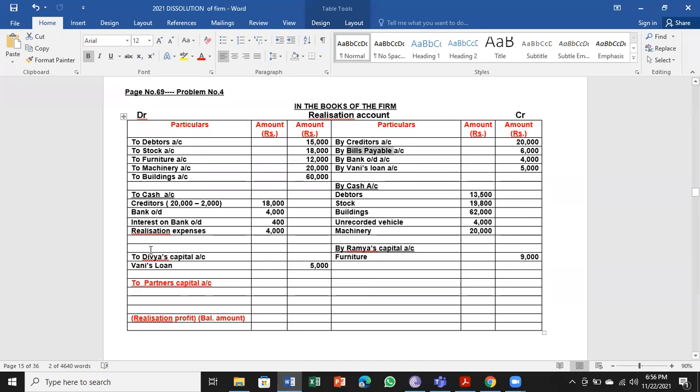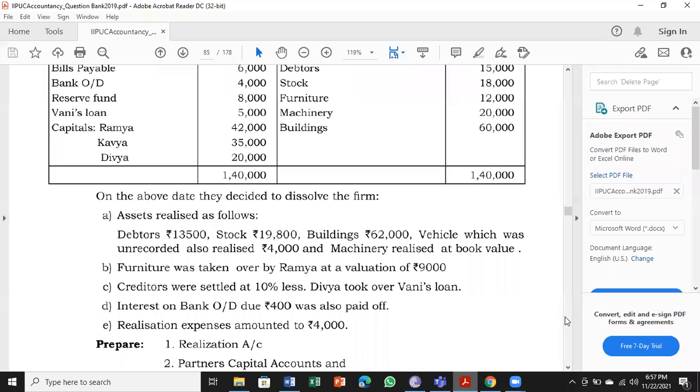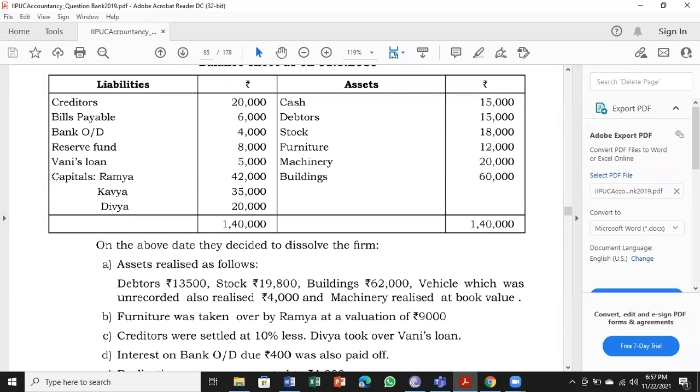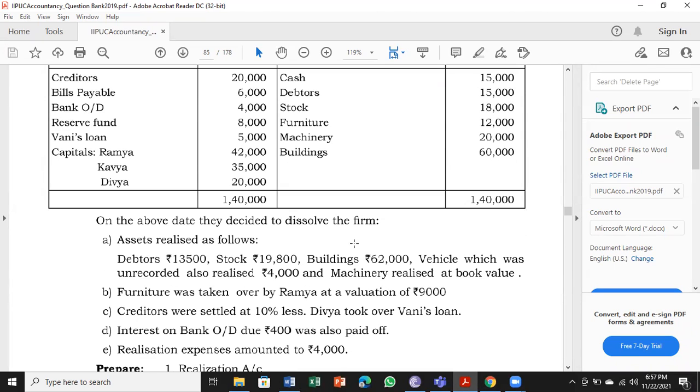So we have to pay bills payable in full, even though they have not told anything, because it's an outside liability. Business has to pay. So we'll assume bills payable is paid in full, that is 6,000 rupees paid in full. So nothing is left here. When we are doing the realization, all information we have considered.